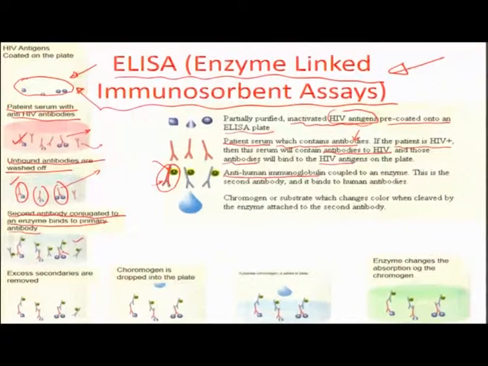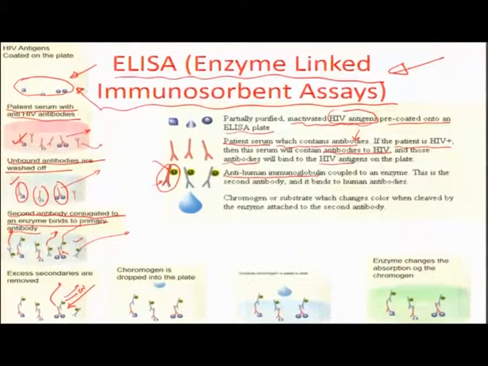Okay. So, the remaining enzyme coupled secondary antibodies which are unbound in the plate are again washed off, so they are gotten rid of, and so now you have stacks. The stacks correspond to those points which had the HIV antigens bound on the plate, and then the primary antibody and the secondary antibody with the enzyme.